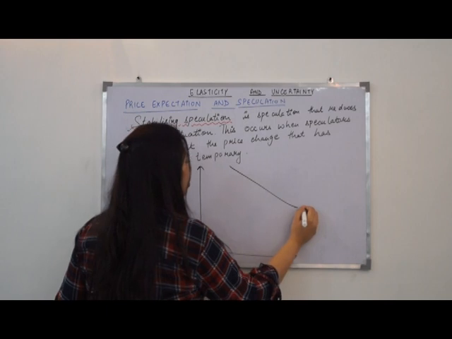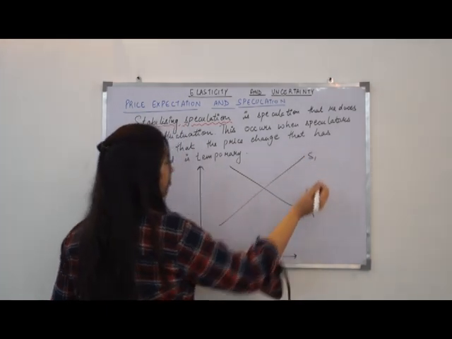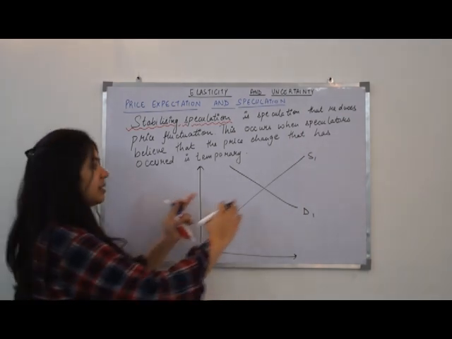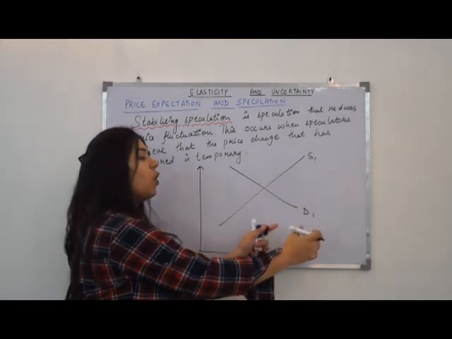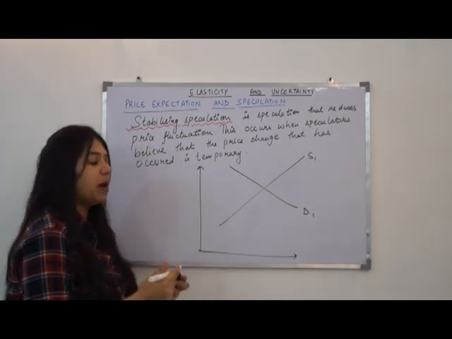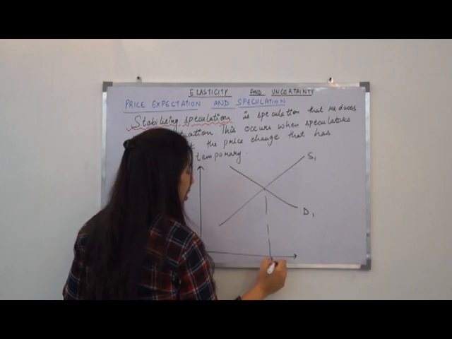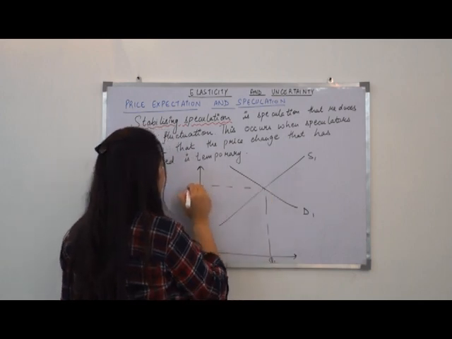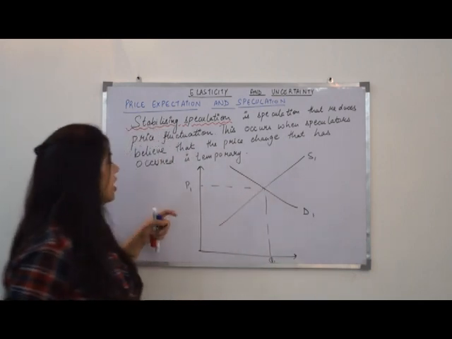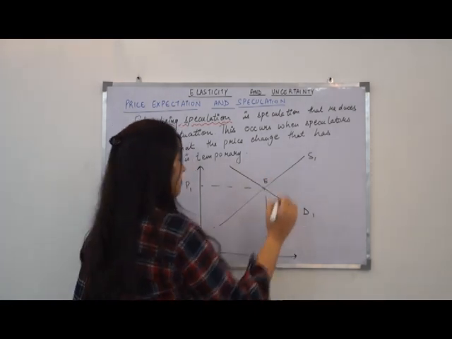Suppose this is the original demand, D1, and this is the original supply. There is a reason that I am drawing the demand curve so towards the right, away from the origin, because I have to decrease the demand. So let's say this was the original quantity traded and the equilibrium price. We start from P1, Q1, where the equilibrium is say at E.